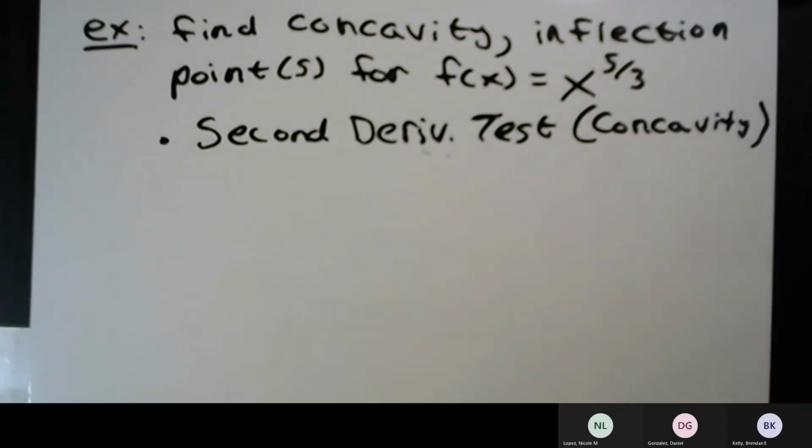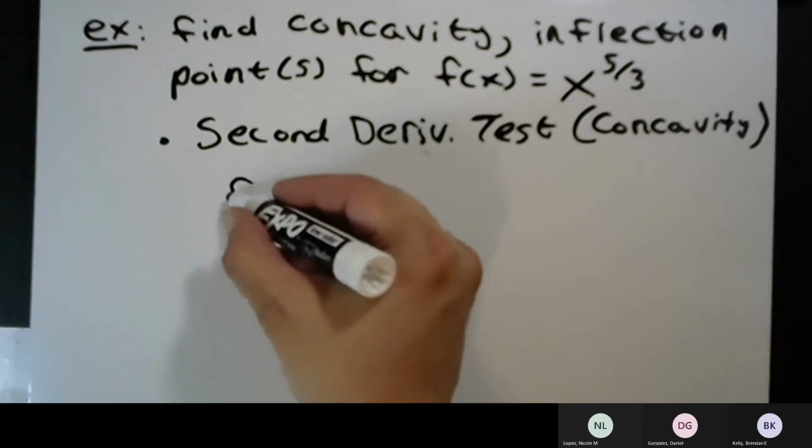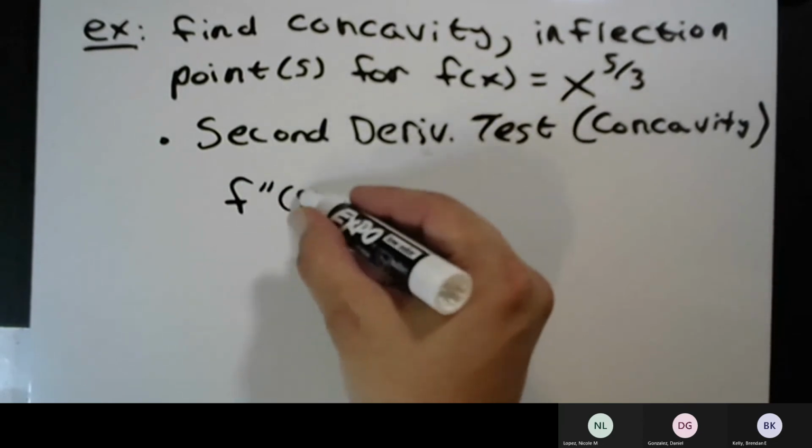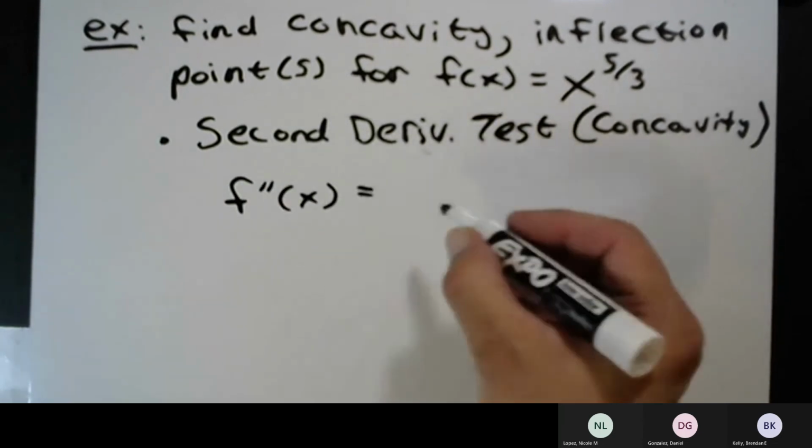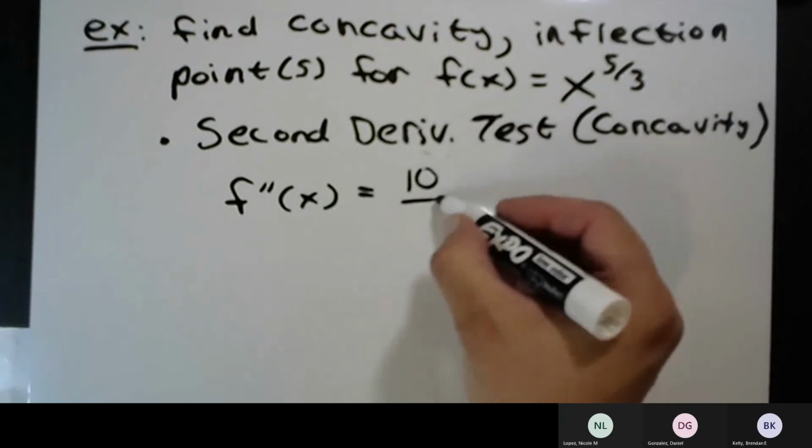And again, the reason we're interested in finding concavity is that we're ultimately going to use it to find minimums and maximums. We're going to be looking for these extrema. So if we take the second derivative, I'll just sort of cut to the chase. We're going to get this.